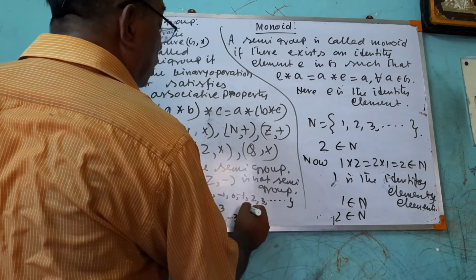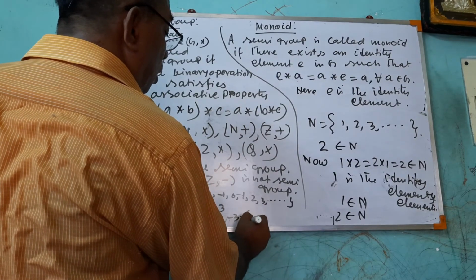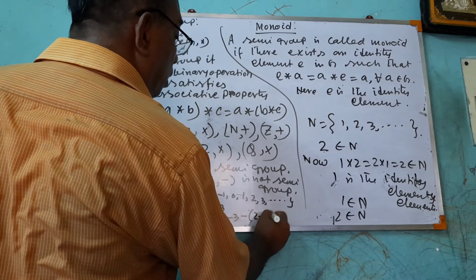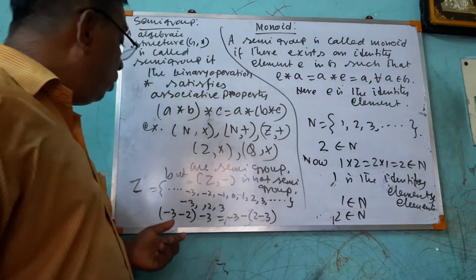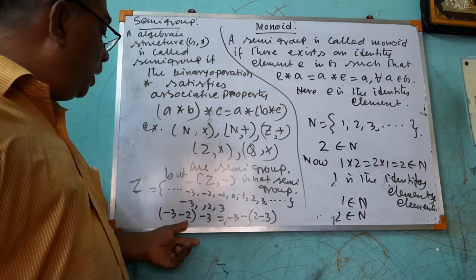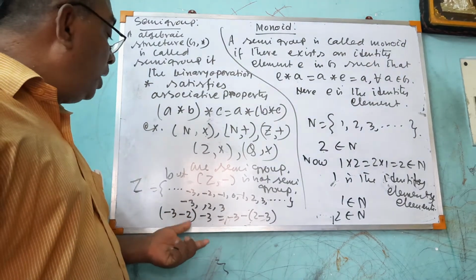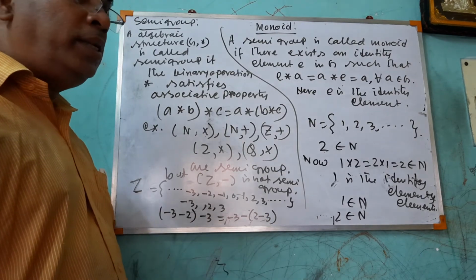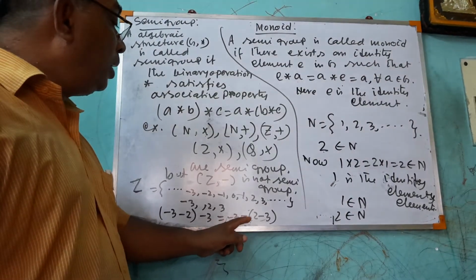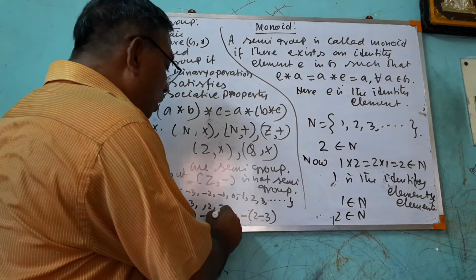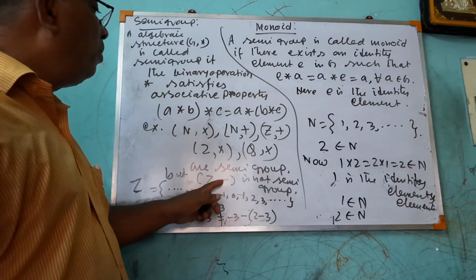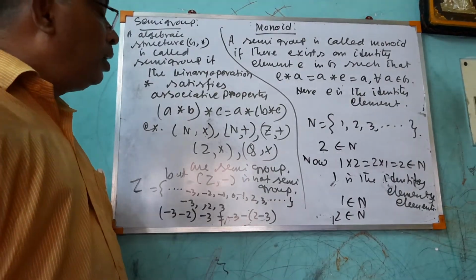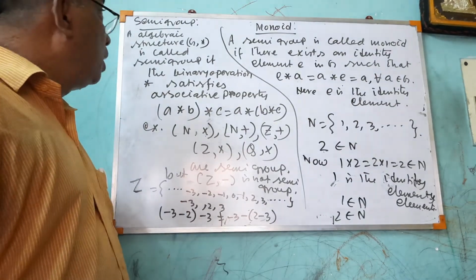Now check whether these two values are same. Minus 3 minus 2 is minus 5, minus 5 minus 3 is minus 8. Here minus 2 minus 3 is minus 1, minus 3 minus 1 is minus 4. These two are not same. That is not equal. So Z minus is not a semigroup.